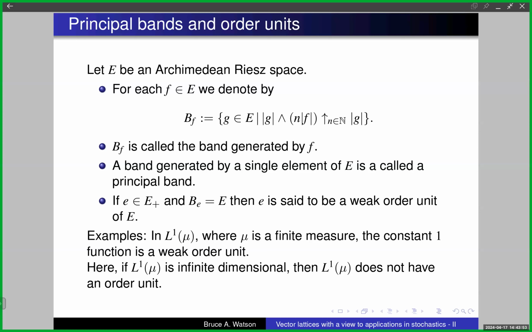The constant one function is now a weak order unit. We noted that if L1 of mu was infinite dimensional, then the one function was not an order unit, but it is a weak order unit for L1. So L1, if it is infinite dimensional, has no order unit, but does have a weak order unit.